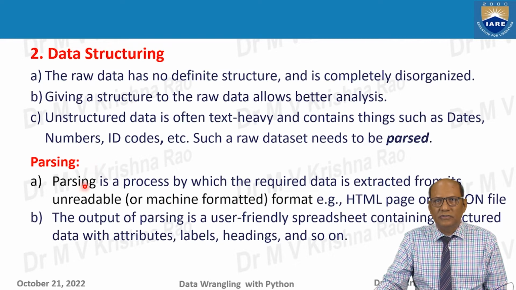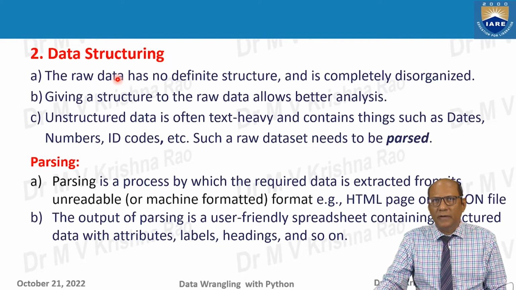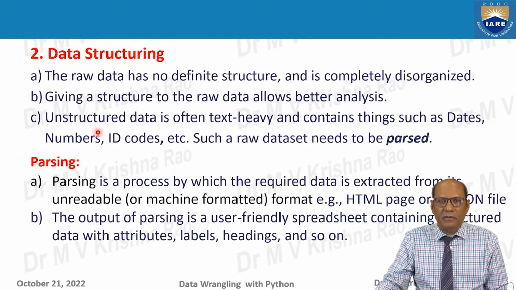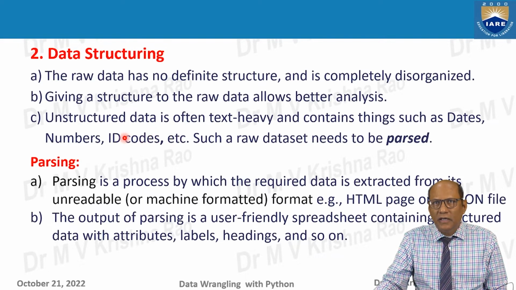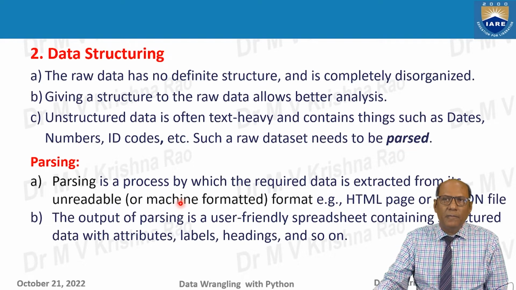The raw data can come from machine format or the human readable format also. So there are two things here. The raw data can come from direct experiments, or human readings, written continuously in a logbook. That is to be properly identified, and this is applicable for the case of a machine formatted one.